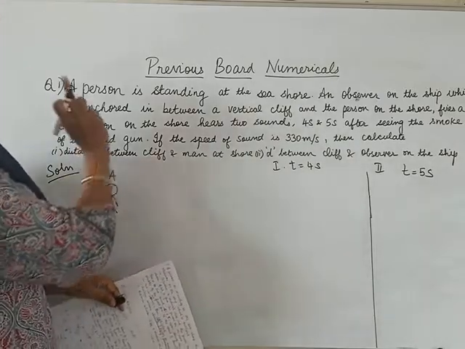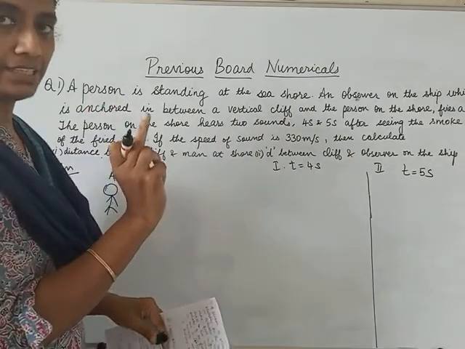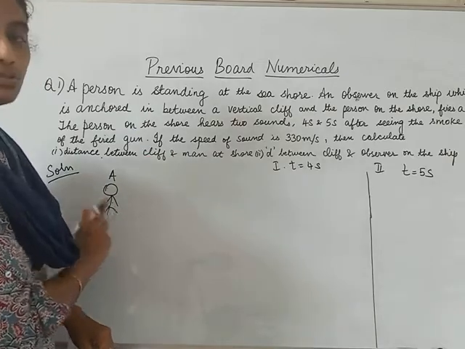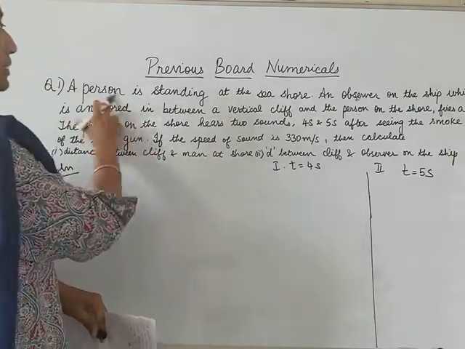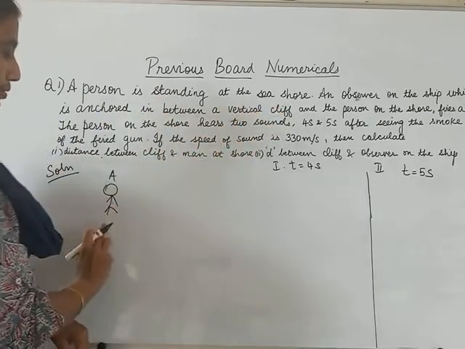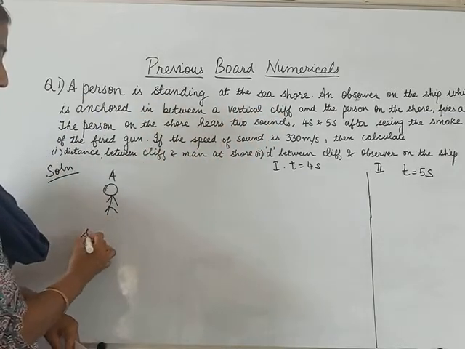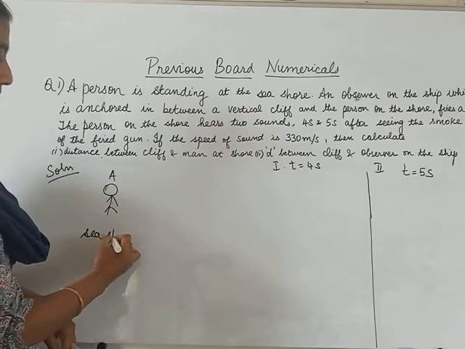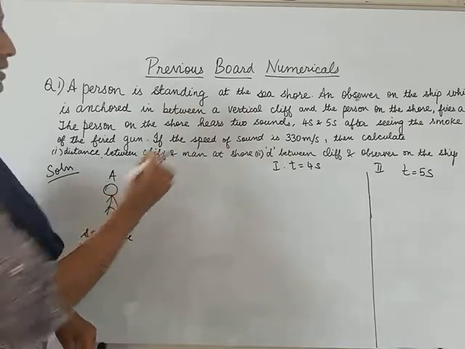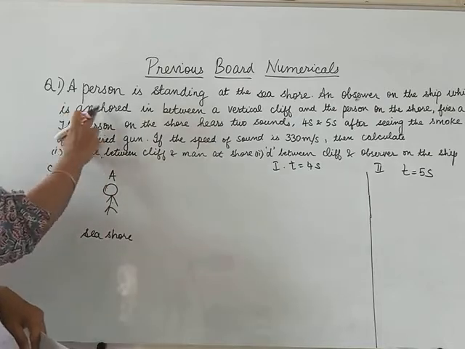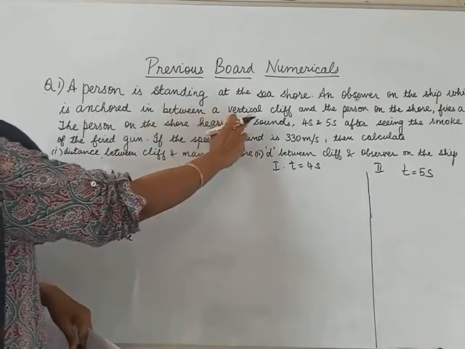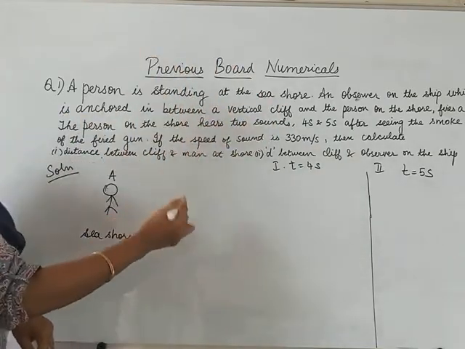Read the question carefully and, as I told you, draw a diagram for this; that will be better. A person is standing at the seashore. Let's take this person as person A. An observer on the ship is anchored in between a vertical cliff and the person.